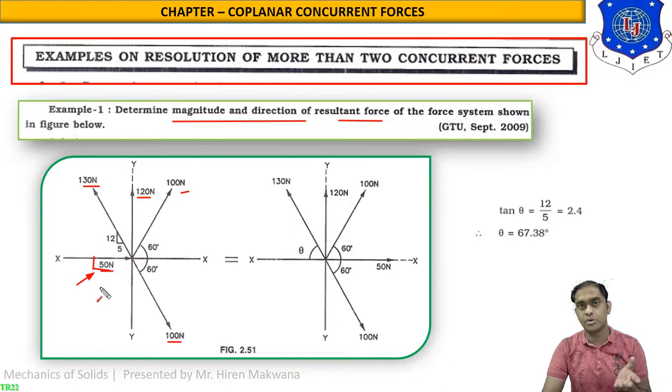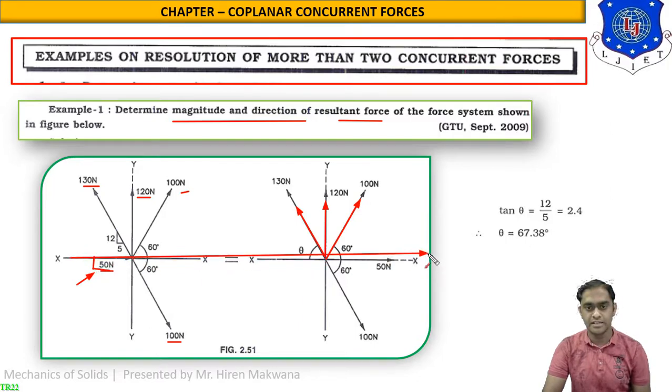So first of all, we have to convert this figure into tensile forces. You can see in this figure that the first force is tensile as it is, the second force is tensile as it is, the third force is tensile as it is. But this 50 Newton force is coming from the left, so it will be going in the right direction like this.